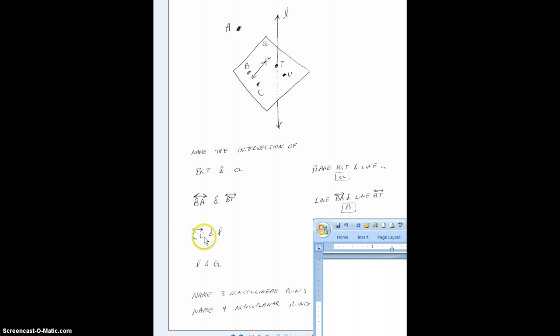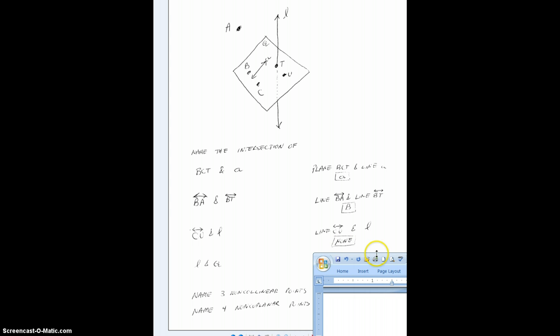I ask about line CU here and plane P. CU is located here, and line L I said plane. CU and little l here, so it's this line that CU would connect and the L line which goes through plane Q. Well, those do not touch, and that is an option. So the intersection here is none. Finally, the last 2 questions I ask here are name 3 non-coplanar or non-collinear points. Name 3 points not in a row.